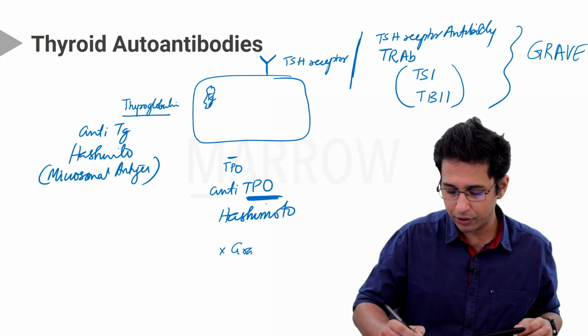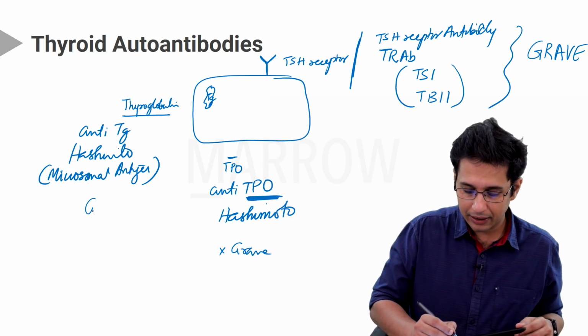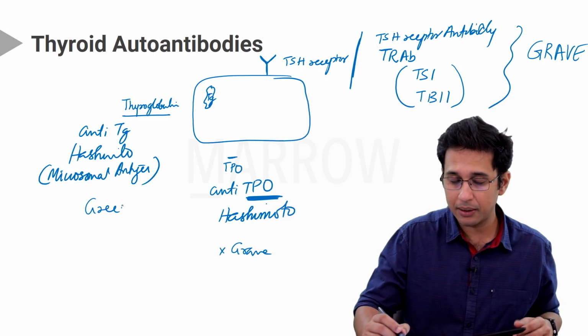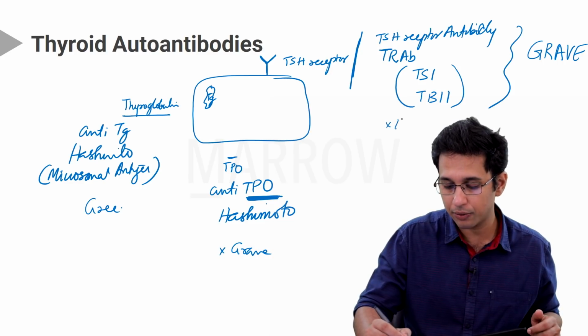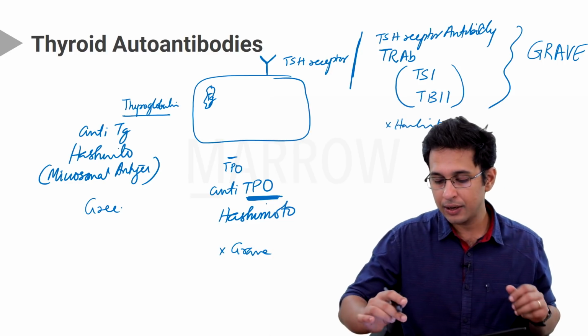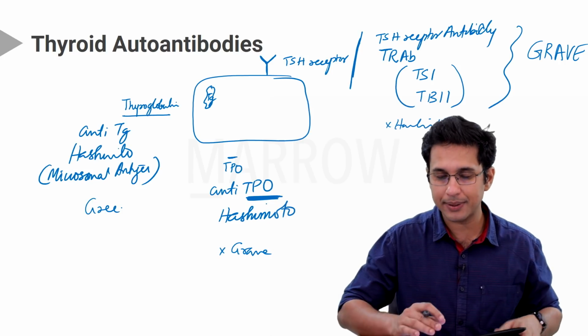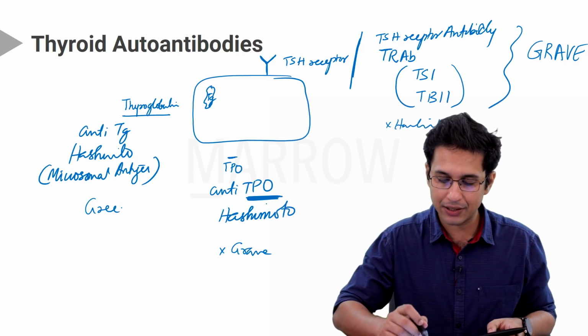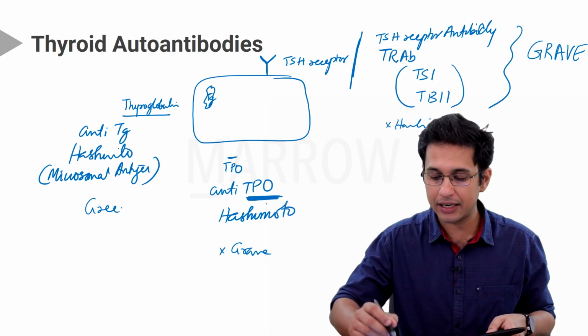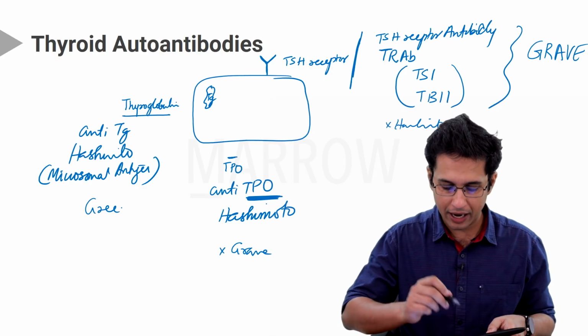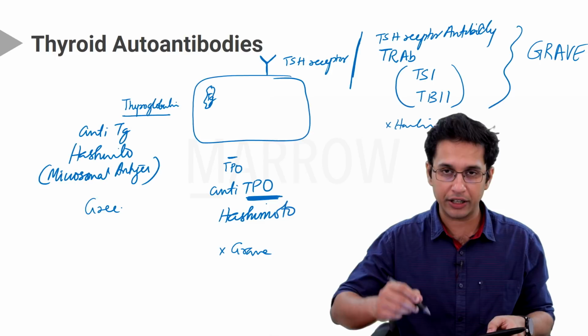Anti-TG can be in Graves. TSH receptor antibody can be found in many conditions, including Hashimoto. There is this cross presence of antibodies which you need not worry about. What you need to worry about is what is specific to what: TRAB, TSI, TBII for Graves; anti-TPO for Hashimoto; anti-TG for Hashimoto, but for Hashimoto we only need TPO.